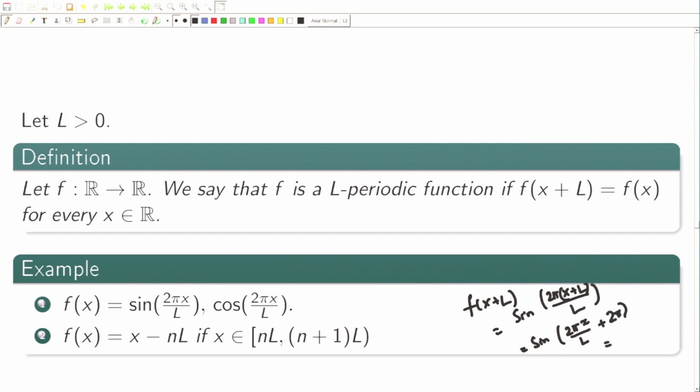Now, we know that sine of 2 pi plus theta is equal to sine theta. So, this is sine 2 pi x by L, which is nothing but f of x. Similarly, cos 2 pi x by L is an L periodic function.